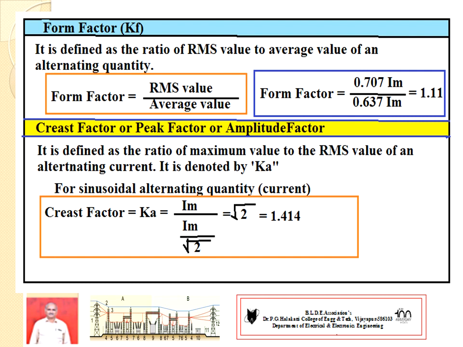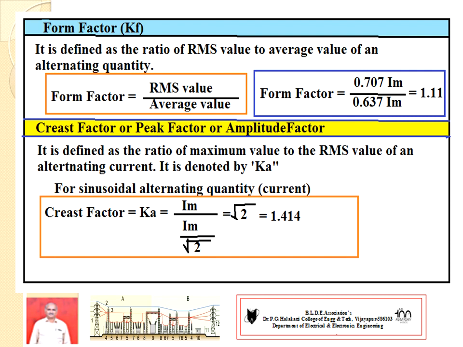Then you replace both values in terms of maximum value. So RMS value is equal to Im by root 2, or 0.707 times Im, average value 0.637 times Im, then Im is going to cancel, form factor becomes 1.11 for sinusoidal varying alternating current.